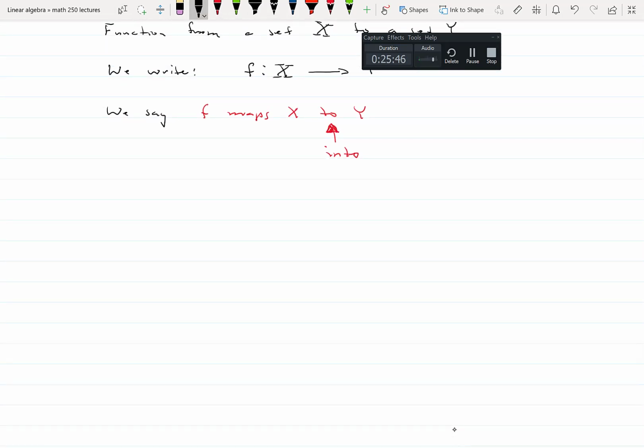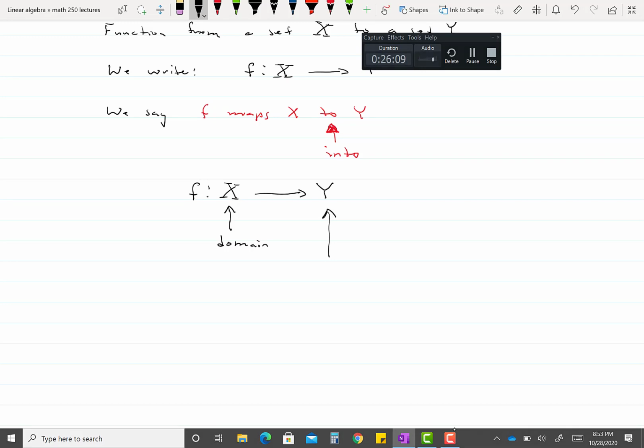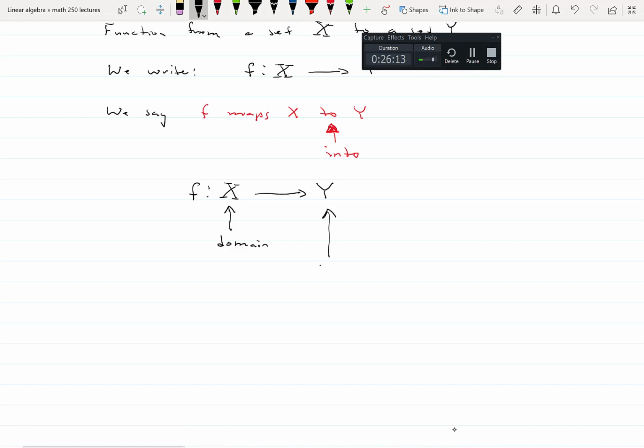So there's our function again. It takes something from one set and turns it into something from another set. The first set is called the domain. And don't get carried away and try to anticipate what we call Y, because it's not the range. The set that the function turns something from X into is not called the range.